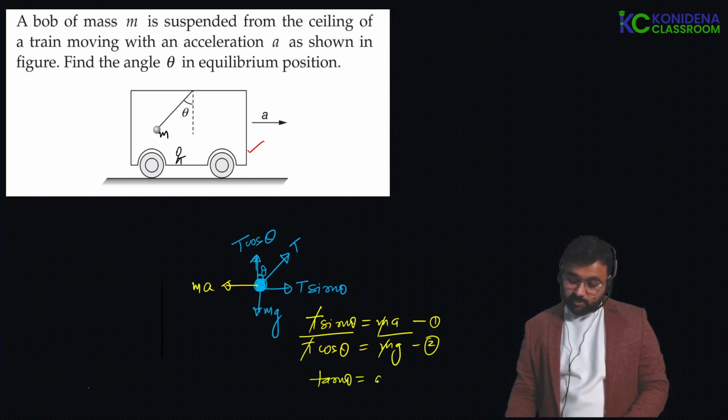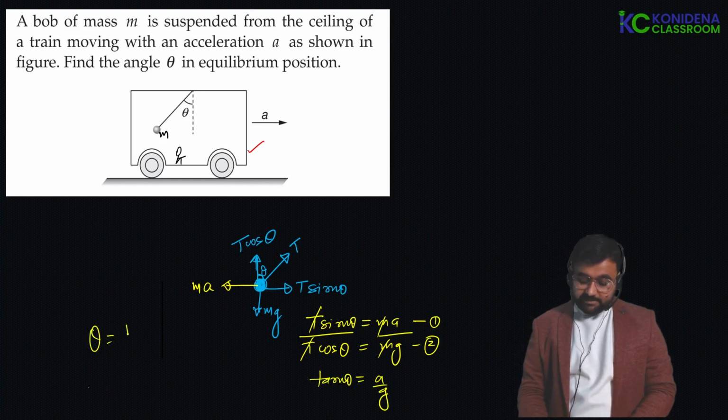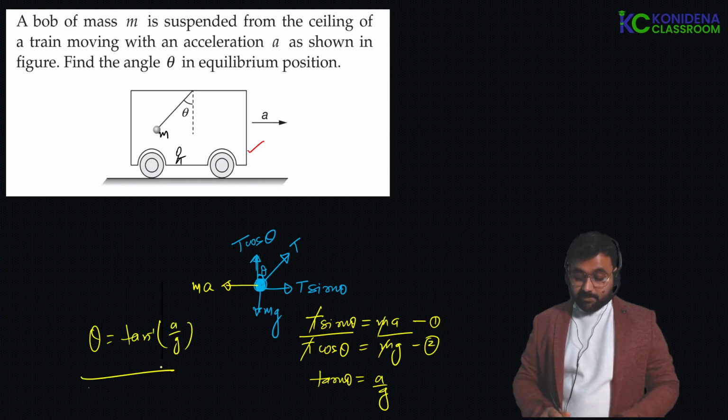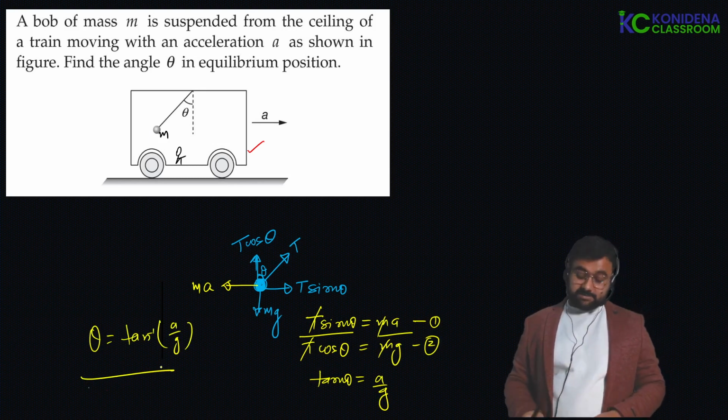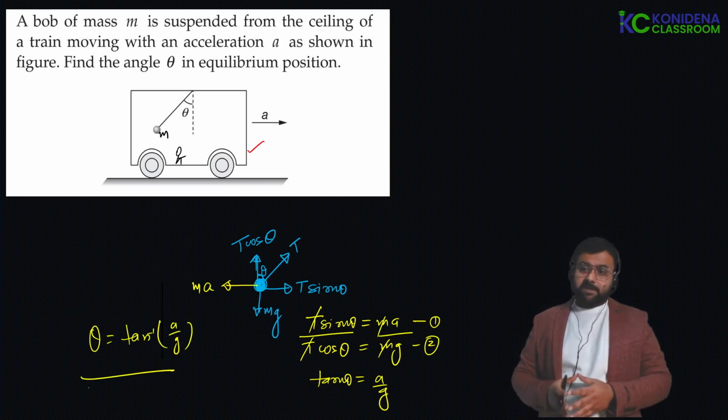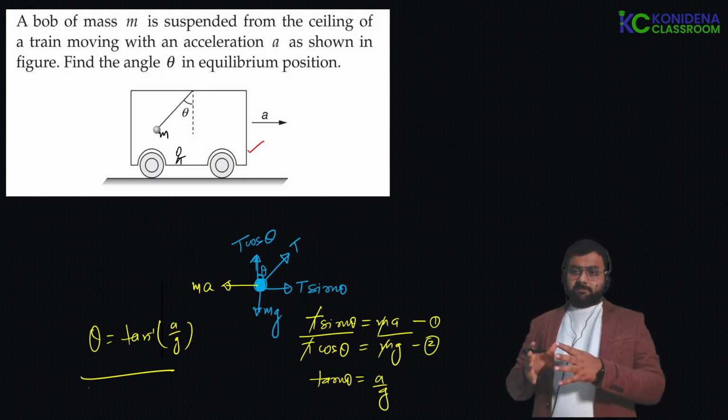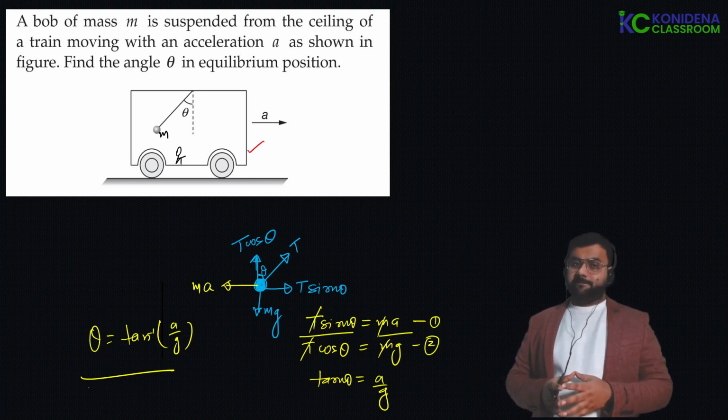So tan theta is going to be a by g. So from here we can easily see theta is tan inverse of a by g. So that is going to be the angle. This is basically what we did with respect to a person who is sitting in the train.